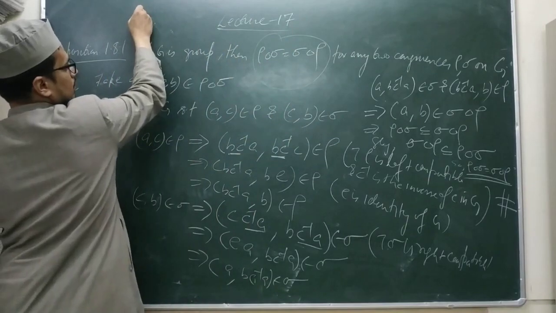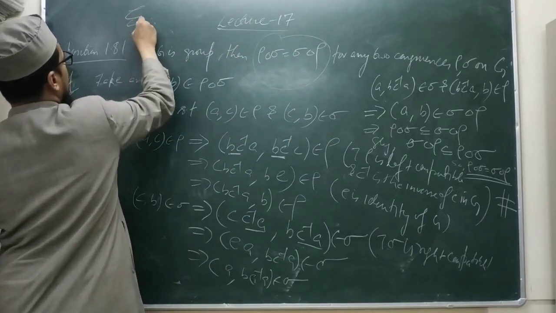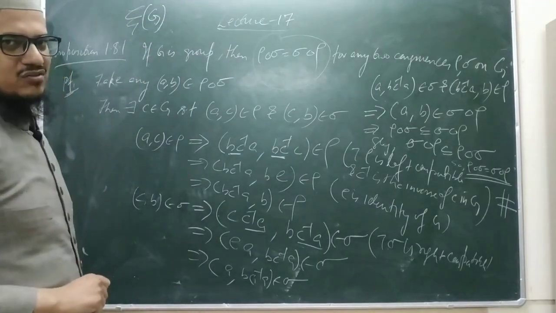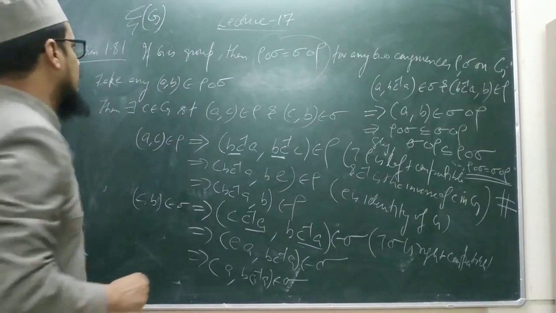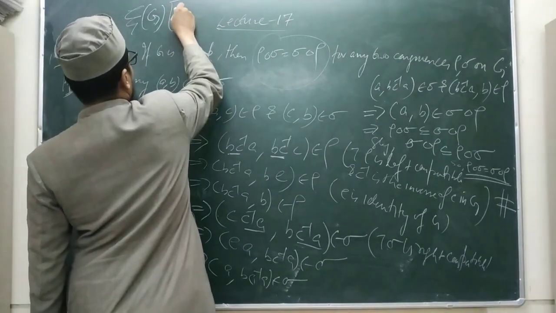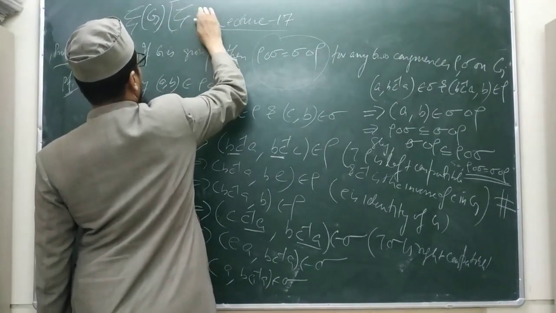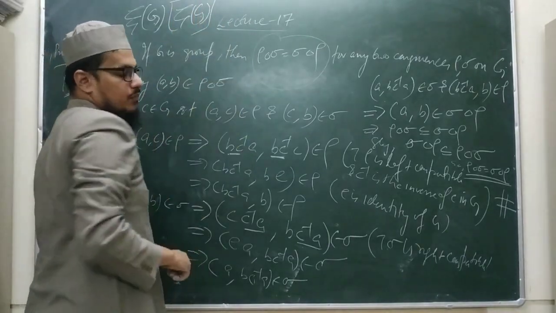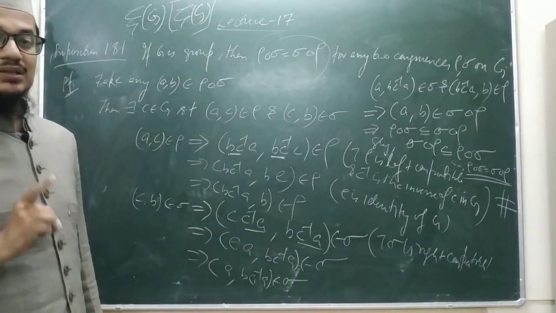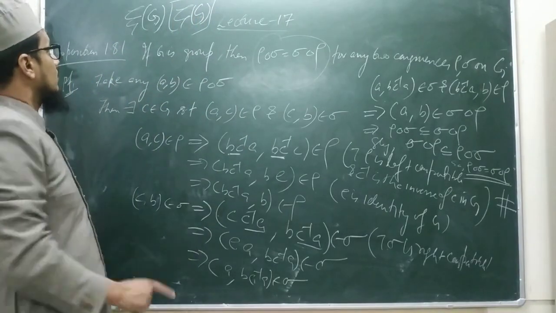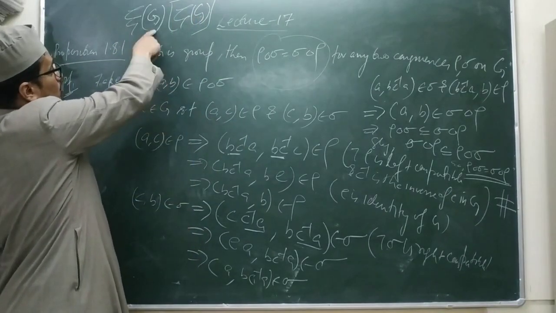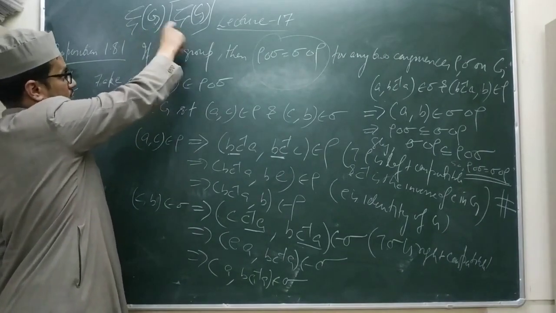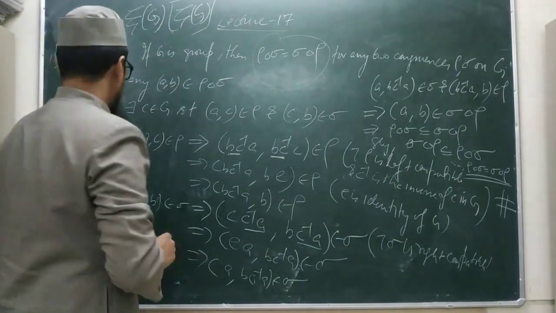For example, this is the lattice of all equivalences on a group, correct? And this is the lattice of all congruences on a group, not on a semigroup.